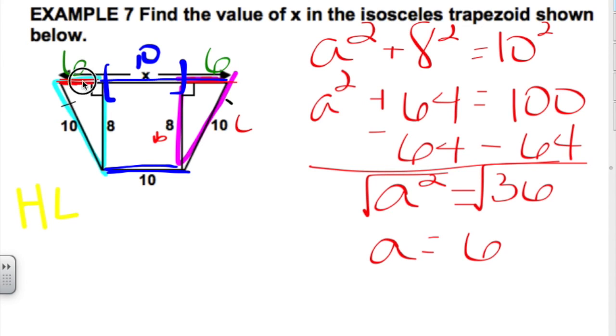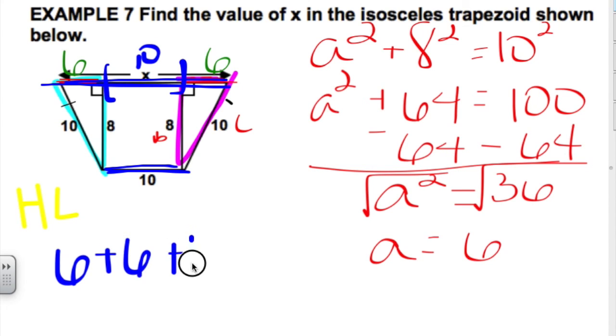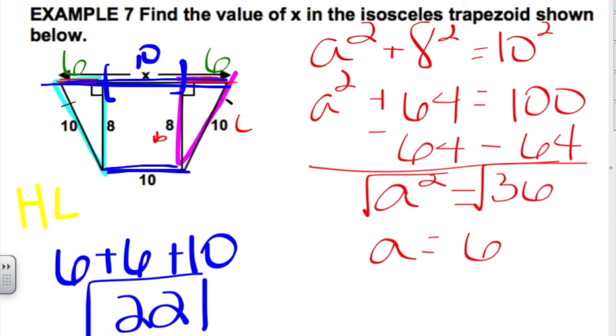Well, then I can just add all of my pieces for that base together. So I have 6 plus 10 is 16, plus 6 is 22. So x equals 22. So like I said, we may have to use our right triangles as a step to get to what our final answer should be. So practice Pythagorean theorem on the homework.